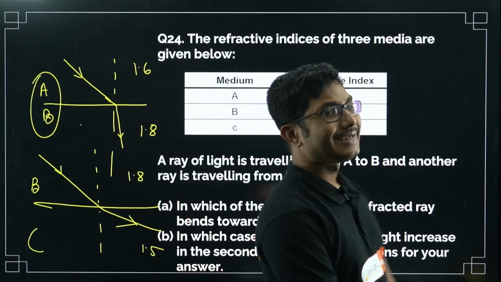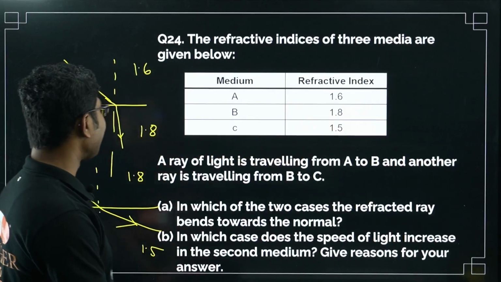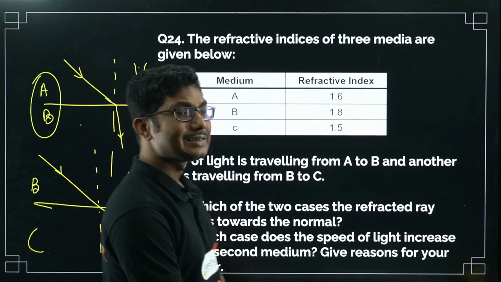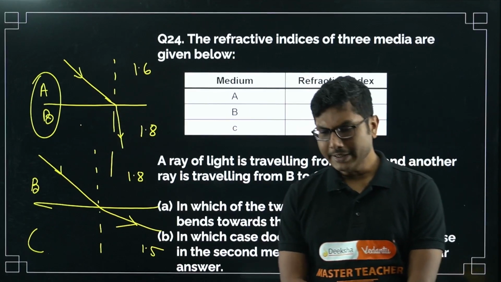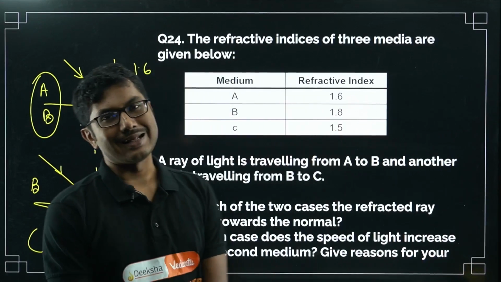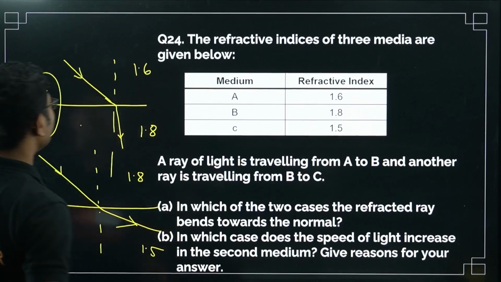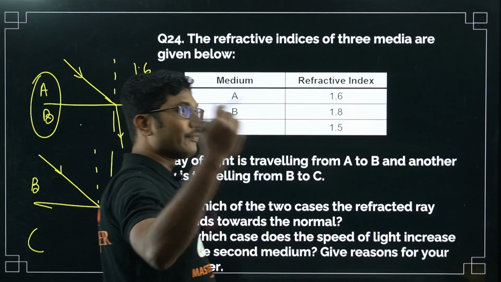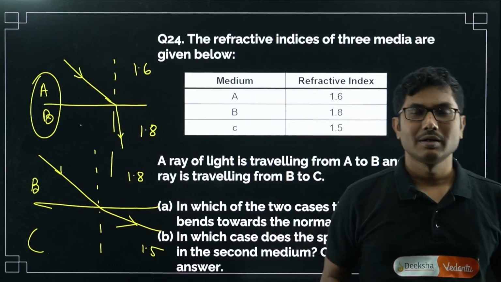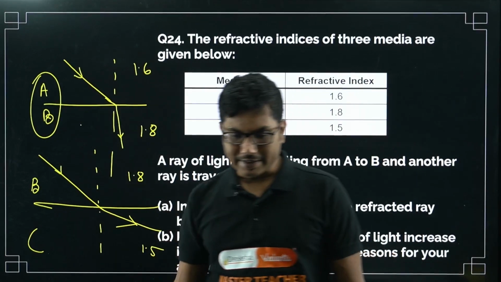When the light ray travels from one medium to another, the higher the refractive index, the less is the speed of light in that medium. We know that the refractive index of air is 1, where the speed of light is maximum.